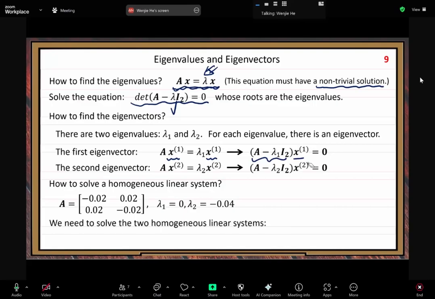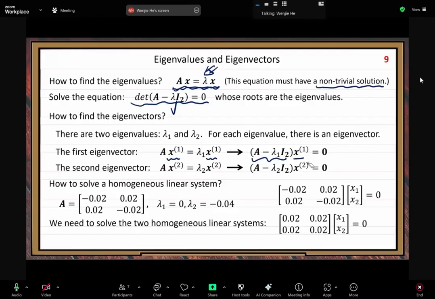So we need to solve two homogeneous linear systems. The first homogeneous linear system for the first eigenvector, the second homogeneous linear system for the second eigenvector. It's pretty simple. But here, I need to give you a simple method to find the eigenvector for each equation, each homogeneous linear system.